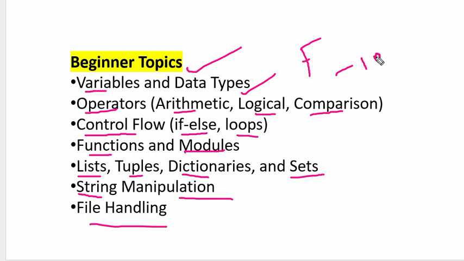Minimum 10 days you can give for these topics. If you are learning one by one, first 2 days you can give for variables and data types. Next 2 days you can give for operators. Next day you can give for control flow, and then functions, modules, list, tuples and strings.